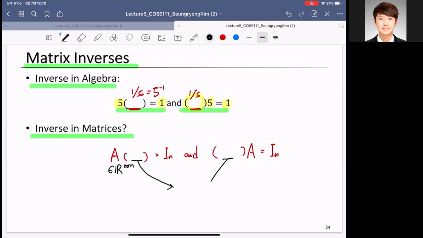Now, the question is how to find the inverse of matrix A.